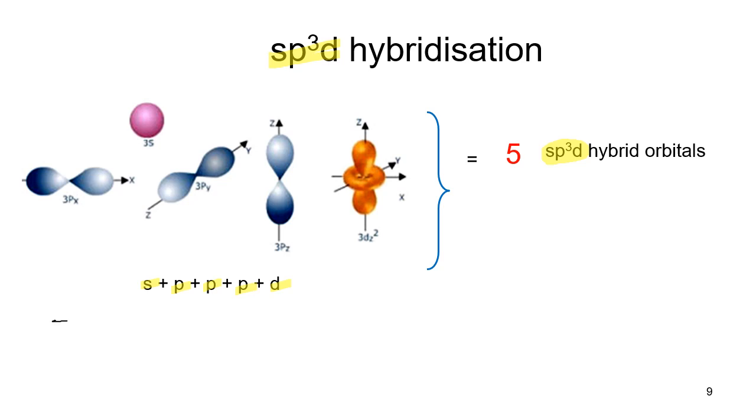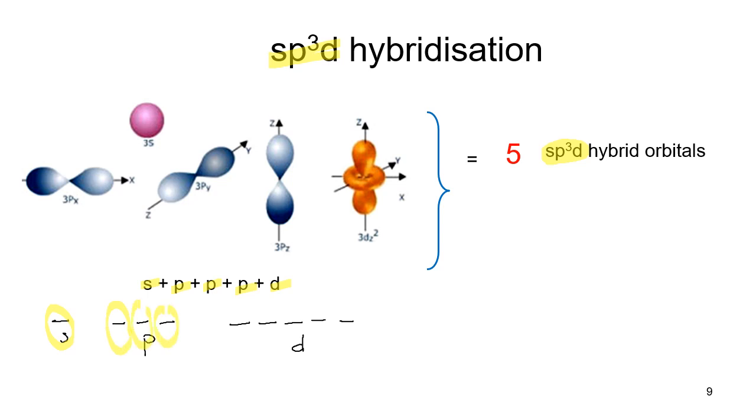You have S, 1, 2, 3, 4, P, 1, 2, 3, 4, 5, D. Okay, you have 1 S orbital and 3 P orbital.